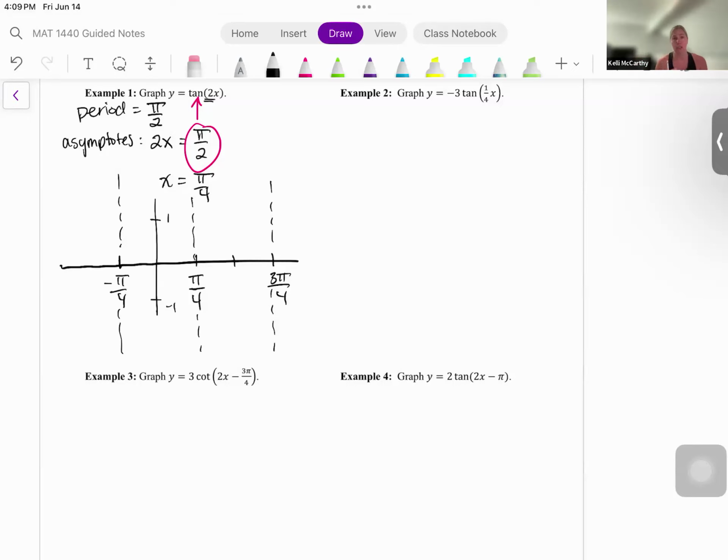Since our amplitude, or that value of a, did not change, we're still dealing with those values of -1 and 1. We're going to divide our periods up into 4 equal sections, starting at, and I'm going to say minimum. It really isn't the minimum, but it's just a force of habit from when we were working with sine and cosine. But starting at that -1, going to the midline, going to +1.